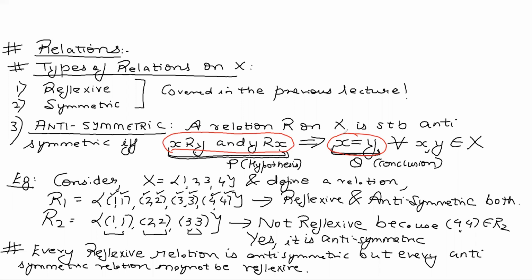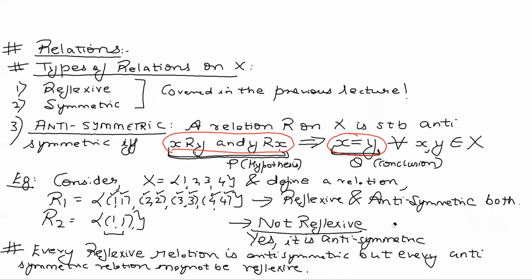So guys, if I erase all this and if I just write this, is this reflexive? Not reflexive. Because why? Because (2,2), (3,3) and (4,4) do not belong to R1.